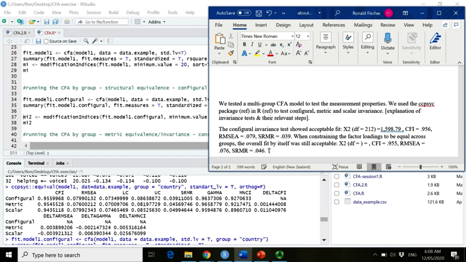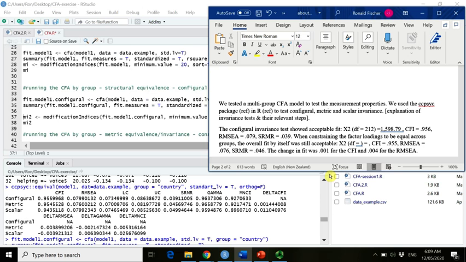And the change in fit, here we need the change for the chi-square, the change for the CFI, and we also want the change in RMSEA. We don't have the change in chi-square yet, so we first of all just focus on the CFI. The change in fit was 0.001 for the CFI and 0.004 for the RMSEA.